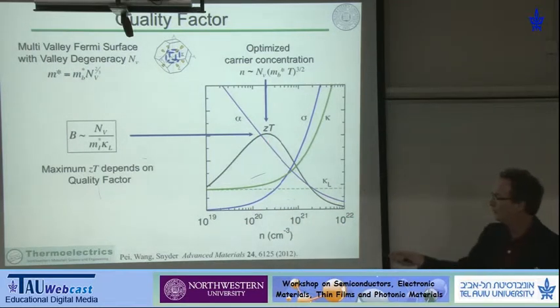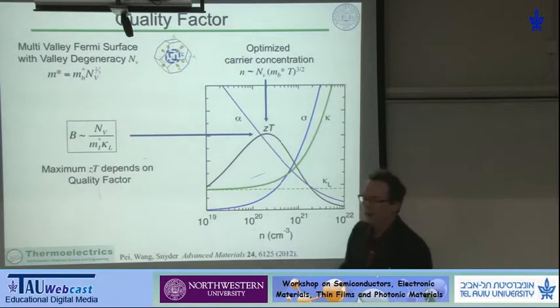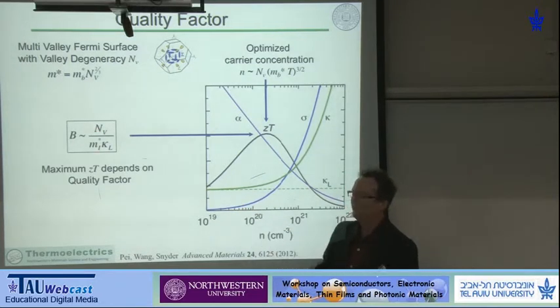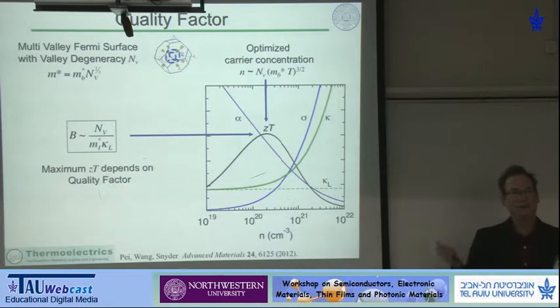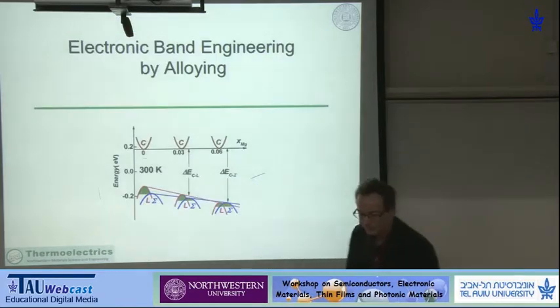So we're going to get rid of the carrier concentration parameter, and we're going to find that the quality factor depends on properties of the band structure, the effective mass, the number of valleys in the number of conduction pockets in the Fermi surface, and then the lattice thermal conductivity.